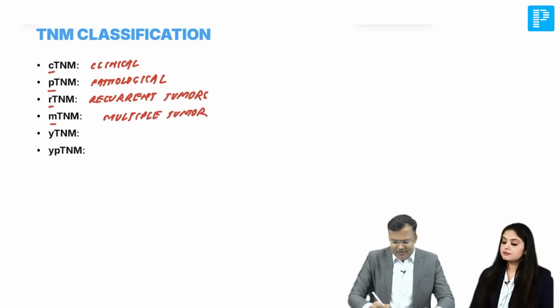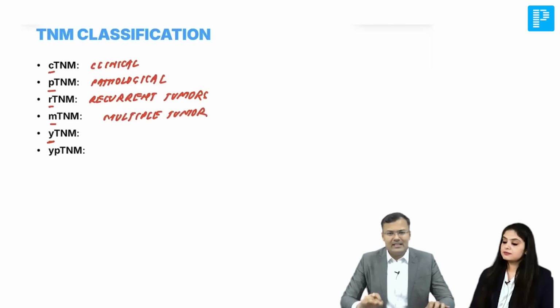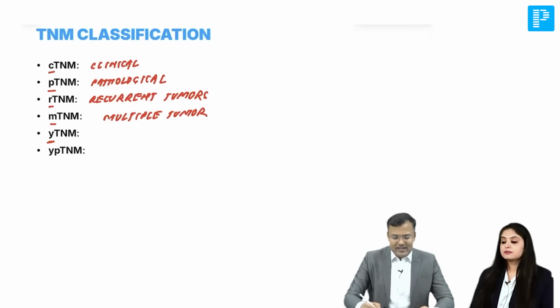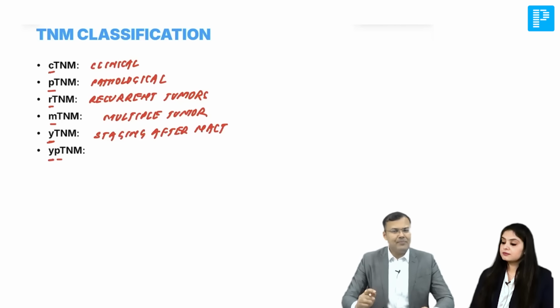What about Y? Y you have to remember, because the rest are just prefixes. C clinical, P pathological, R recurrent, M multiple. Why do you have to remember Y? Because YTNM, whenever you give neoadjuvant chemotherapy and after that you perform the staging, it is YTNM. So in this case, staging is done after neoadjuvant chemotherapy. And you can see here YPTNM, YP.